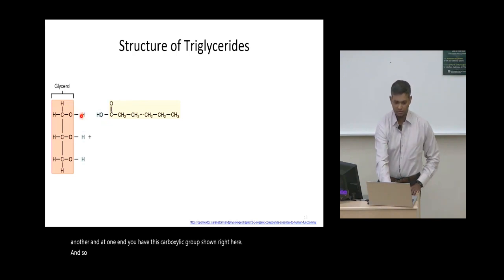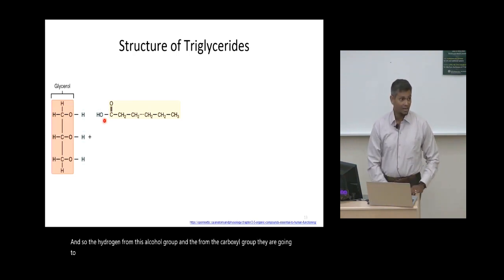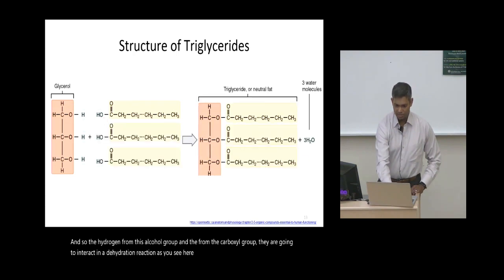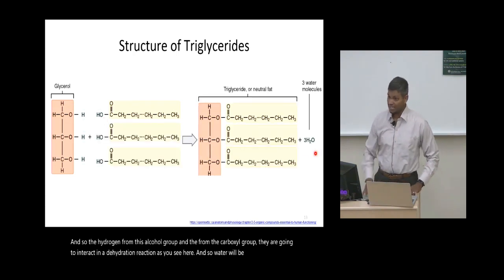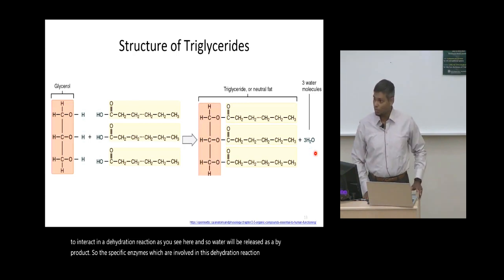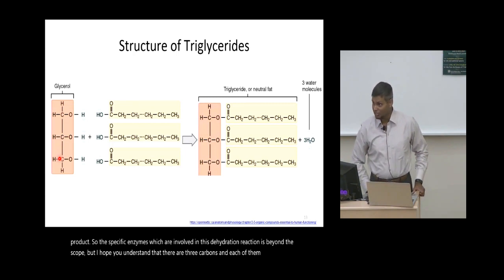The hydrogen from this alcohol group and the OH from the carboxylic group are going to interact in a dehydration reaction, as you see here, and water will be released as a byproduct. The specific enzymes involved in this dehydration reaction are beyond the scope, but I hope you understand that there are 3 carbons and each of them is linked to a fatty acid chain.